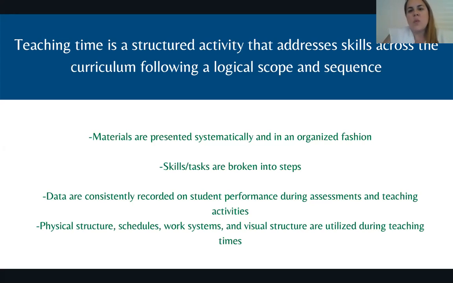I think this is one of the best strategies that we can use. When we present new content, a new curriculum, a new skill, anything that we're going to present to our students, we want to do it first of all in a broken way where they don't feel overwhelmed.